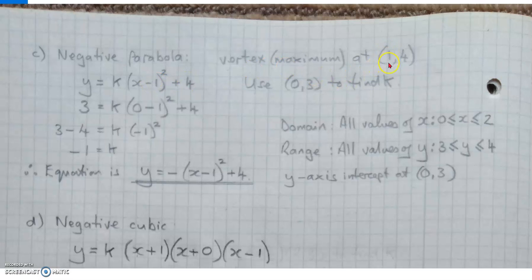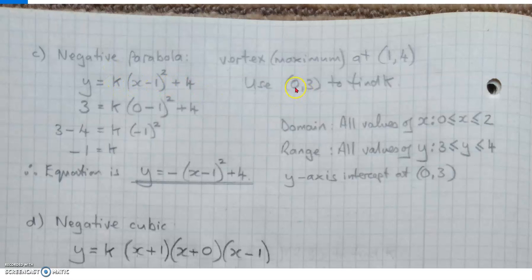This here is +1, so we're going to be writing -1 there. That's going to be squared. And this y coordinate is at the end here with the correct sign, plus. Okay, so this is the vertex form of this parabola, but we don't know what k is.